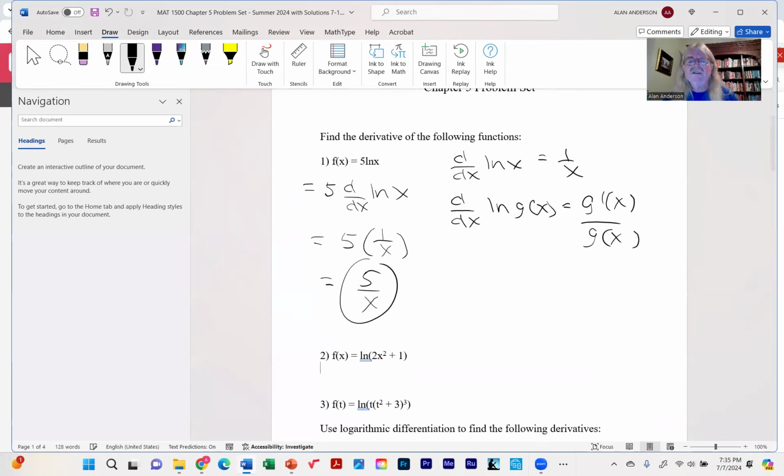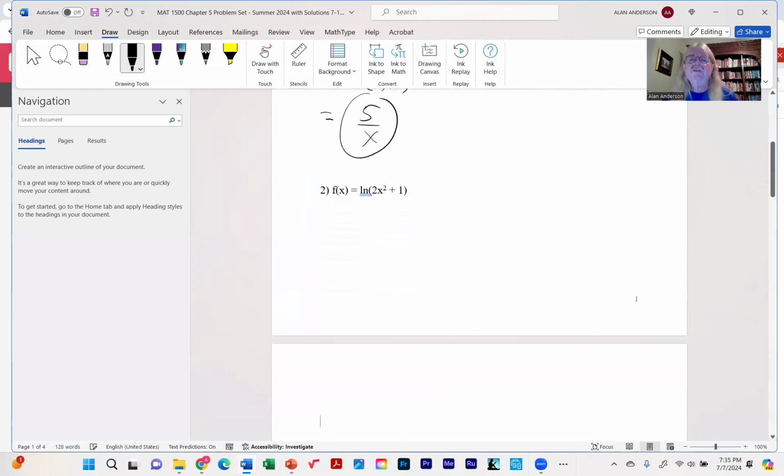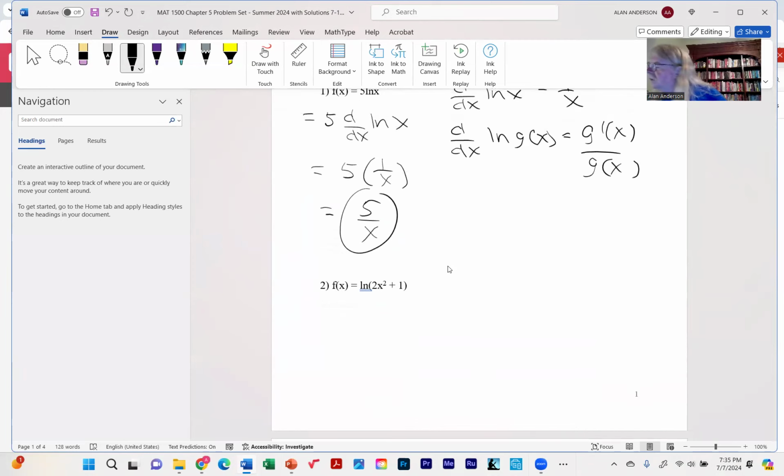On the other hand, if you look at the second one, you'll see that this time we really do have log g of x. In this case, g of x is 2x squared plus 1, and therefore g prime of x, based on the power rule, is 4x.